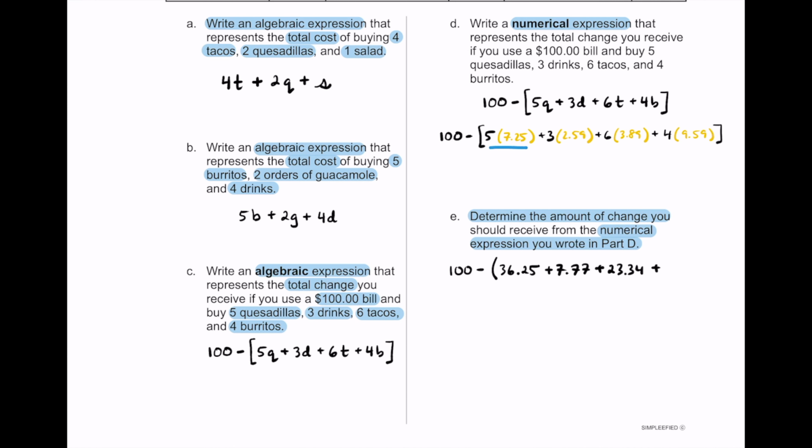$23.34. And then finally, we're buying 4 of these $9.59 burritos. So 4 times $9.59 is going to be $38.36. Okay, so we're going to go ahead and add up all of these prices and see what happens.